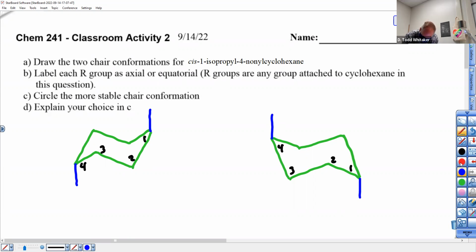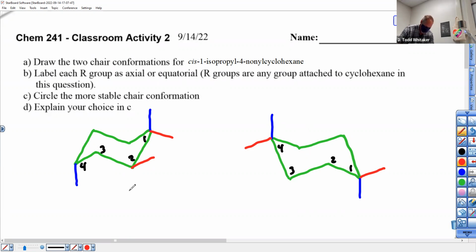We'll do our equatorials all in red, and we won't highlight anything in the ring. We're not going to highlight the parallelness. But they are parallel. This red is parallel to the 2, 3, and this red is parallel to the 5, 6, et cetera.